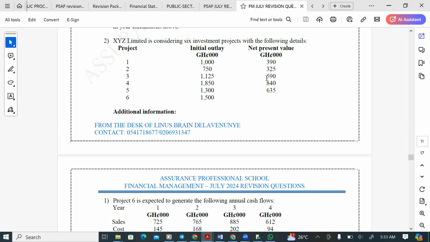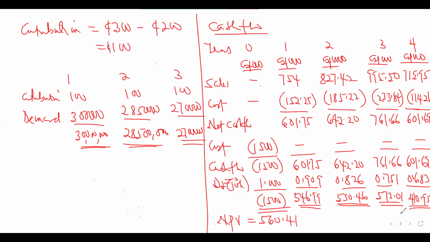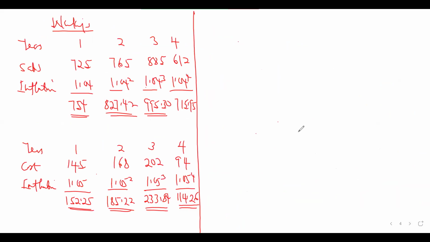What do we mean by profitability index? It is calculated as the NPV over the initial investment. Then you add 1 to the answer, or you can even leave the 1 because it has the same effect.